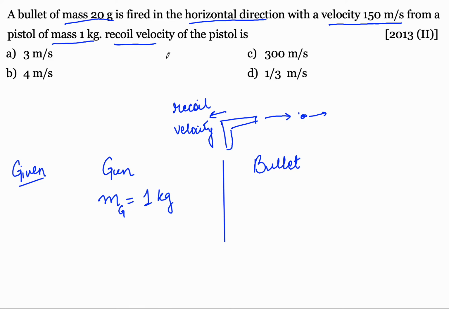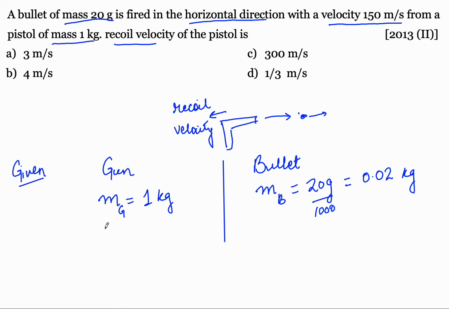In order to convert grams into kilogram, I'm going to divide this term by 1000, and then it will get converted into kilograms. So it will be 0.02 kg.